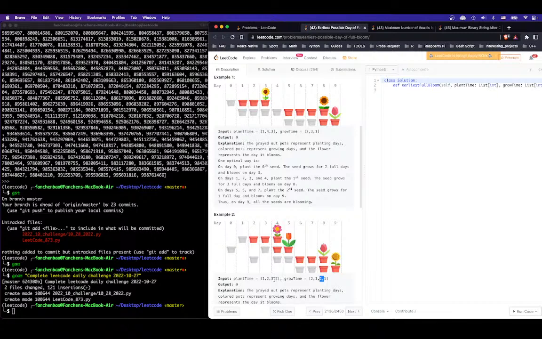Then both need to work 2 days. So we work 2 days and then bloom 1, go. And then we work 2 days. Alright, work this, then work 2 days. Then grow 1, and then bloom.